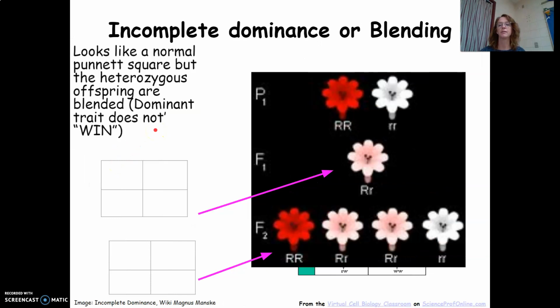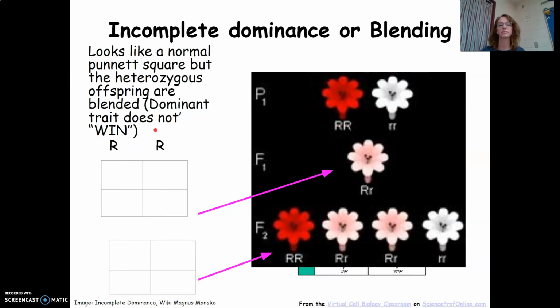So here's an example of incomplete dominance. You have a red flower and a white flower, and normally you would think red is dominant over white. We're going to use the same allele because it's lowercase, and we can see that these babies are pink. We know that it's incomplete dominance. You could also do them both with capital letters.